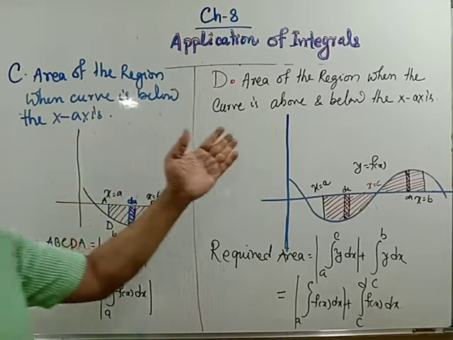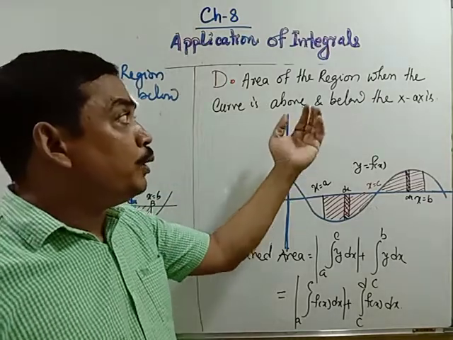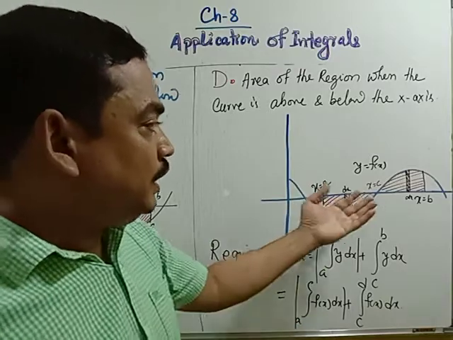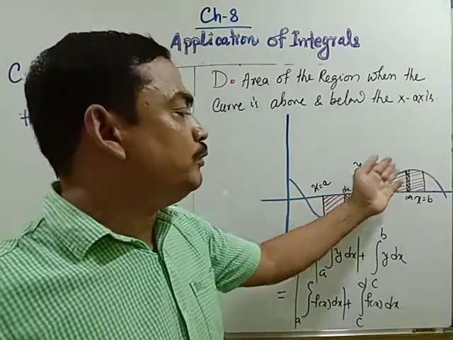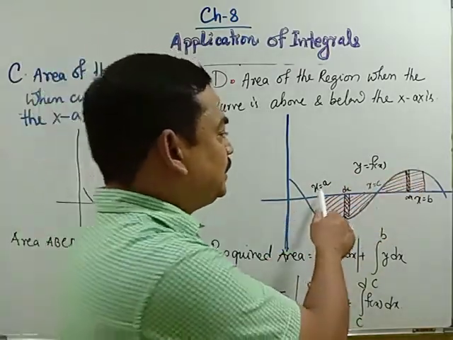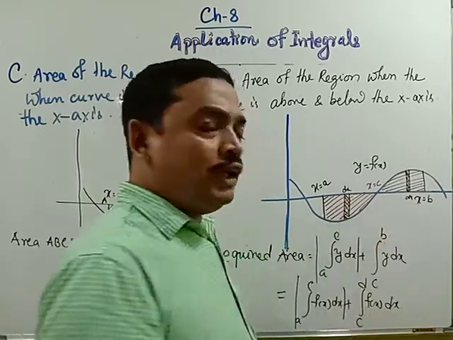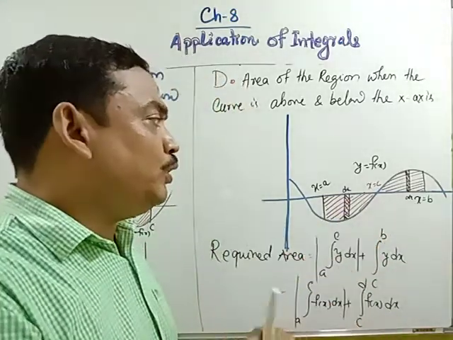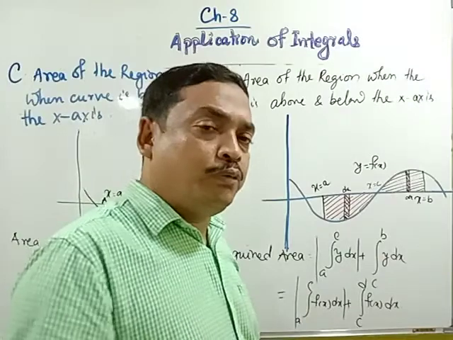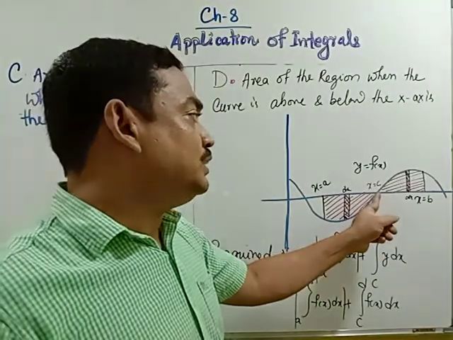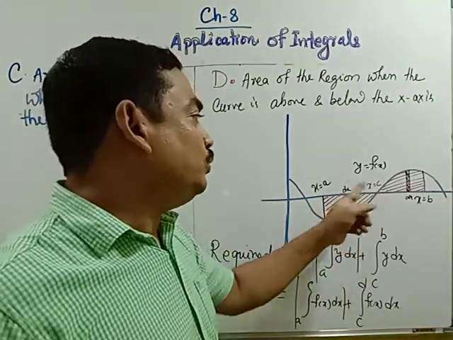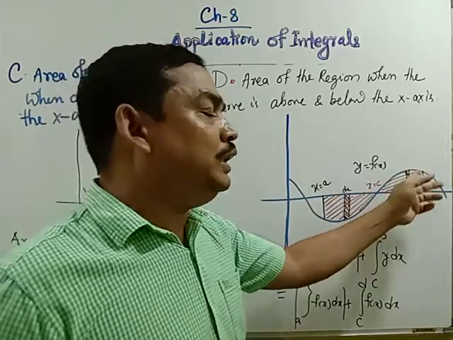If the curve is both above and below the x-axis, with limits x equals a to x equals b, one side is below and one side is above. In that case what do you have to do? There is another point C coming: from A to C it is below, from C to B it is above.